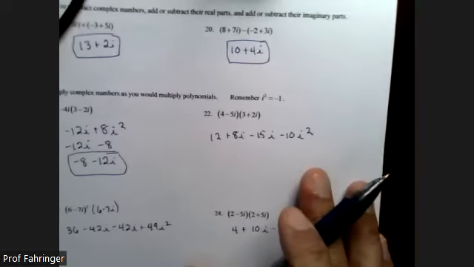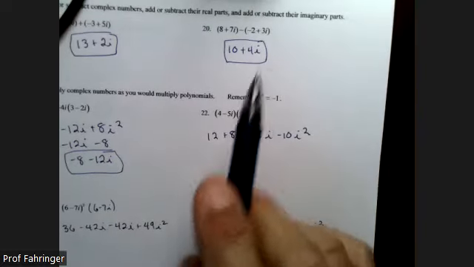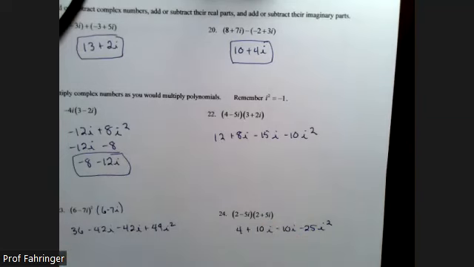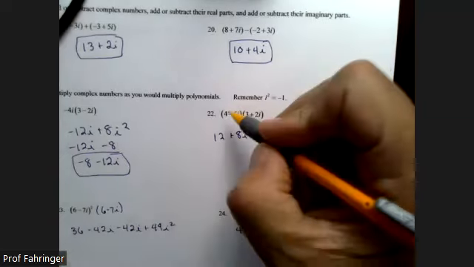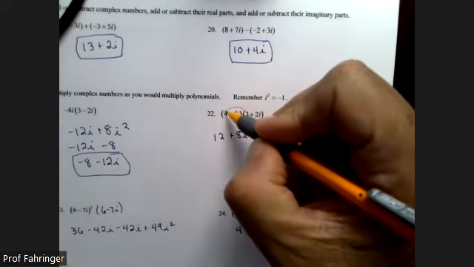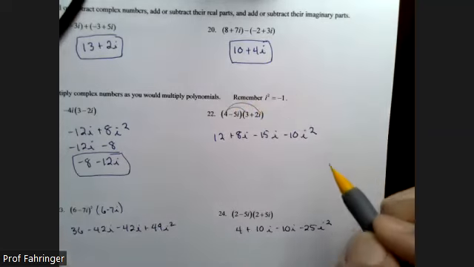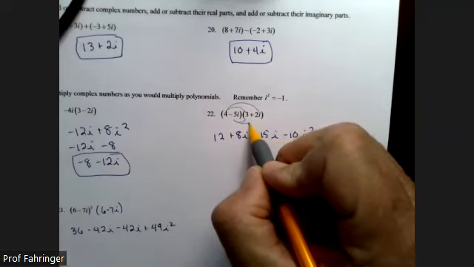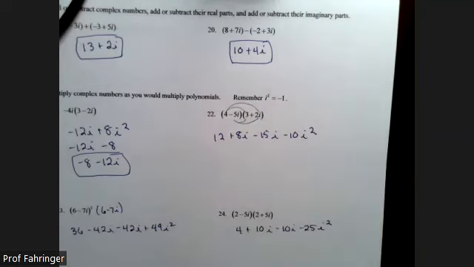The next one, you guys know this as FOIL, a binomial. I call it double distribute. I distribute the 4, I distribute the 2i. Then I distribute the -5i, and one more time. I double distribute.